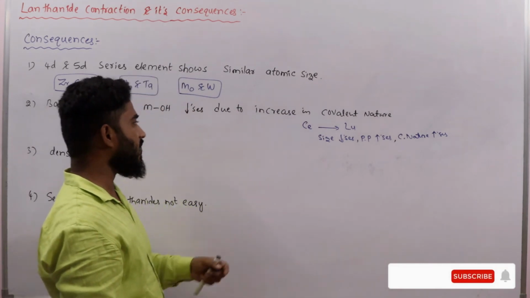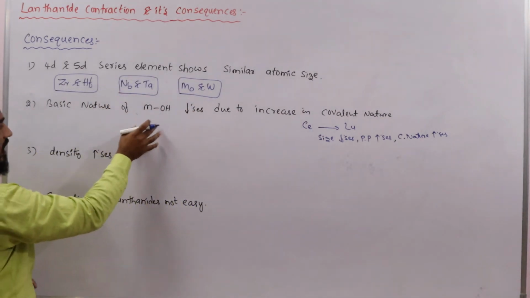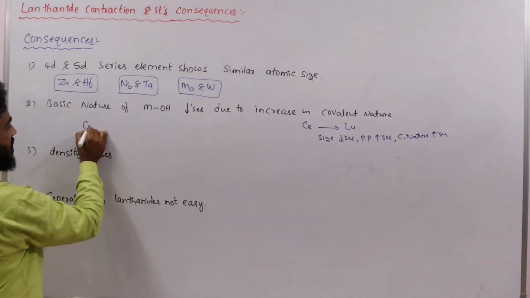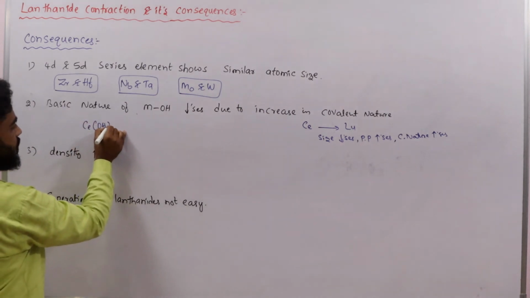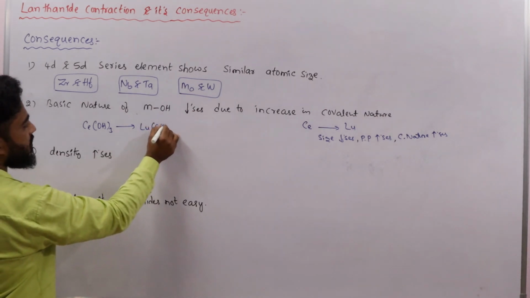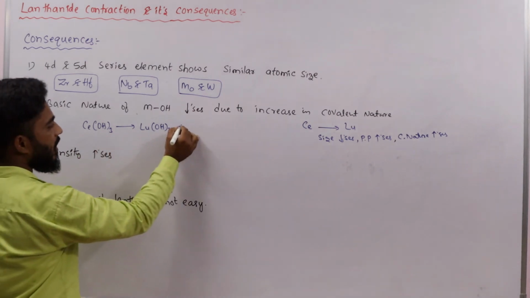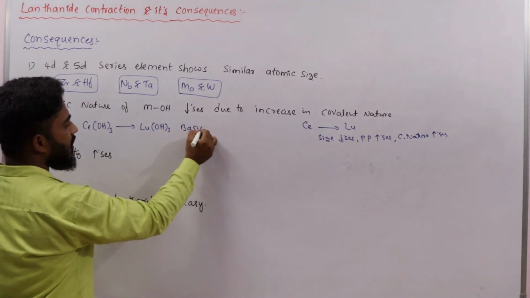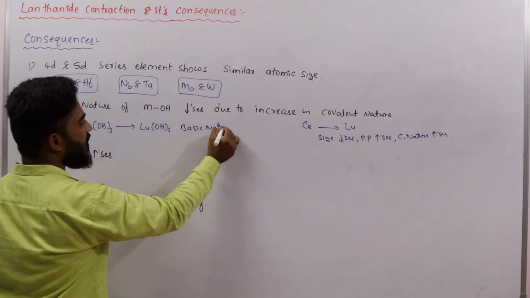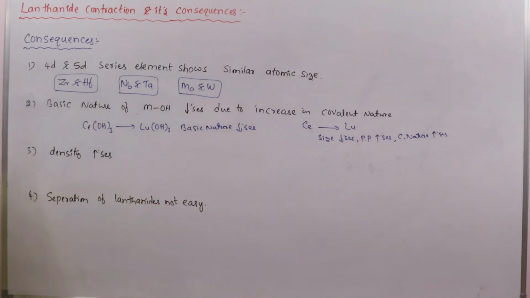So when the covalent nature increases, the basic nature of these hydroxides, from cerium hydroxide to lutetium hydroxide, decreases.